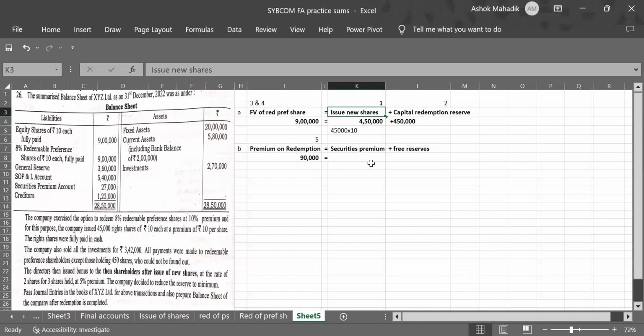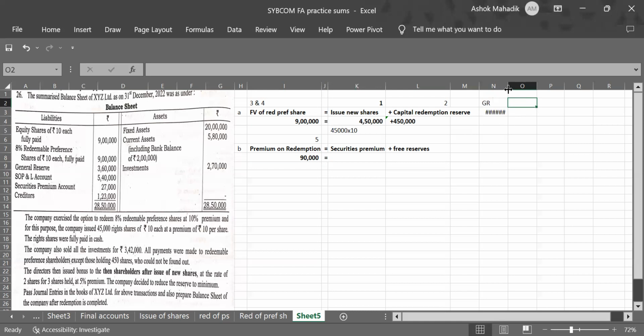What I'll do in this sum, there are so many reserves, so I'll create one account here. I'll make one column for each reserve so that we can track the reserves. General reserve, we have 3,60,000 as balance.